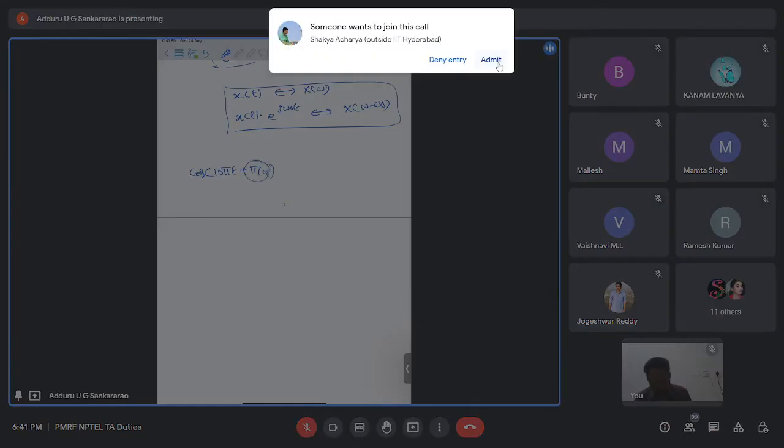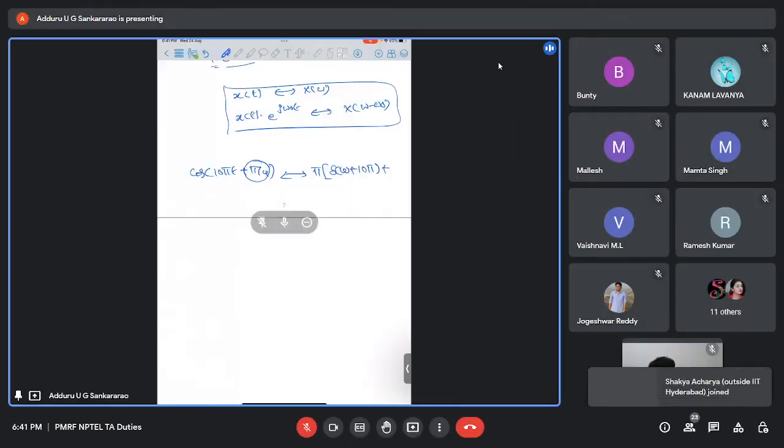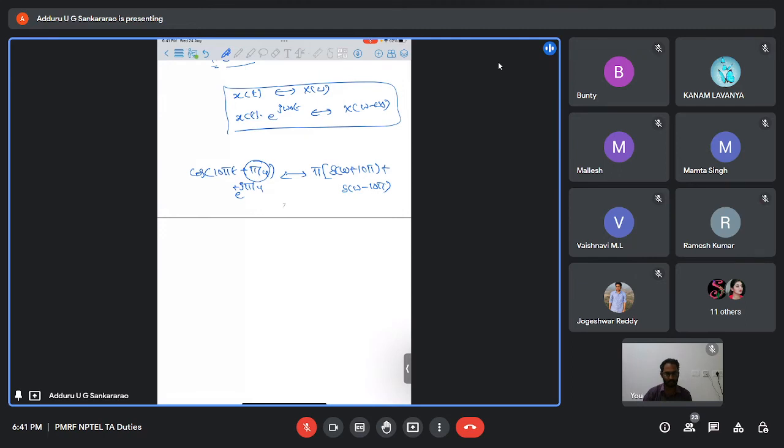This phase I am expressing separately. For cos 10 pi t, the Fourier transform is pi into delta of omega plus 10 pi plus delta of omega minus 10 pi, and there is this phase. Let the phase be aside, later we'll see about it, or else you can try it later.